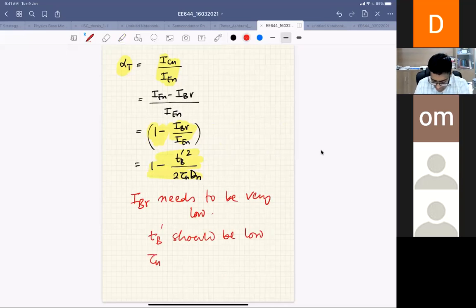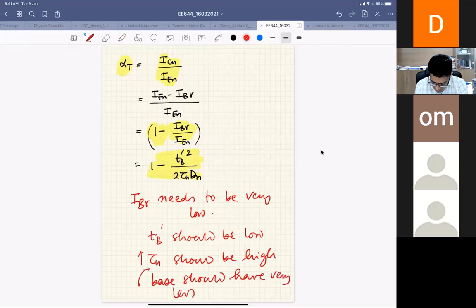And anyway, your tau n should be high, which means your recombination lifetime, the minority carrier lifetime of electrons, should be very high. For that, your base should have very few defects.